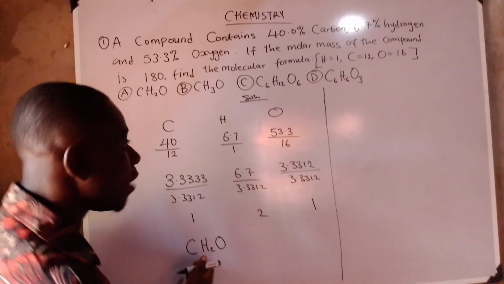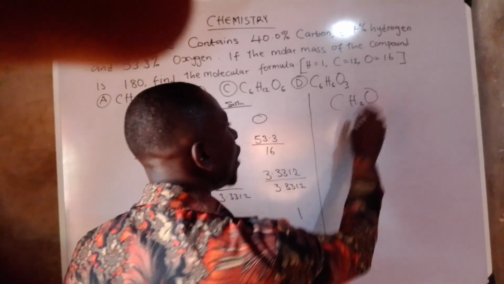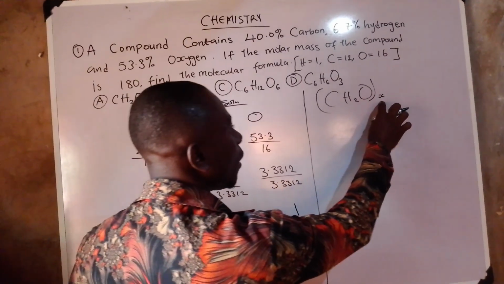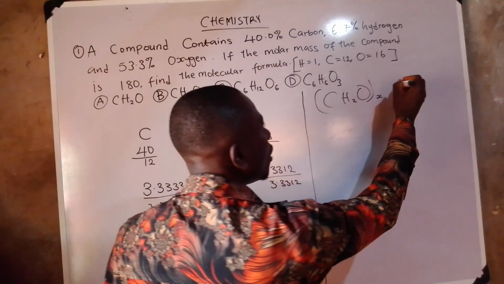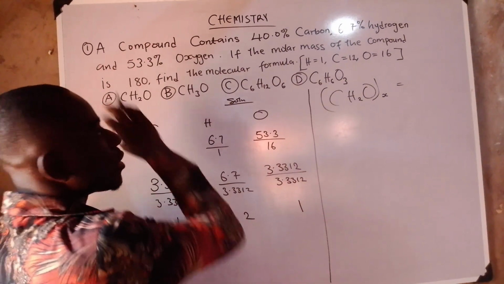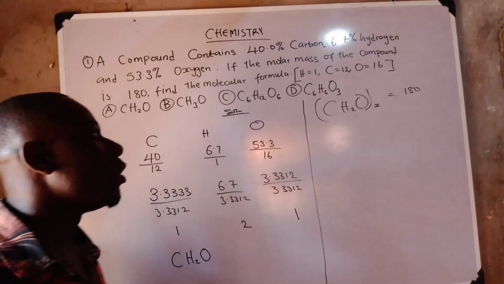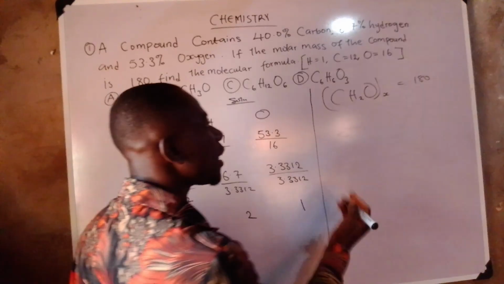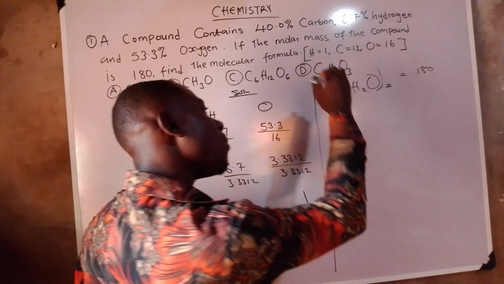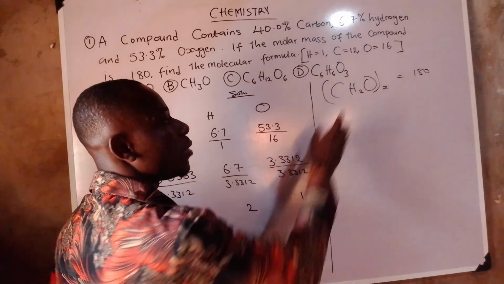Having had this as our empirical formula, we can say CH2O, the empirical formula in brackets, then I can introduce a variable X to be equal to the molecular mass, which is 180. Having done this, what I will do is substitute the relative atomic masses of each of the elements, multiplying them by the number of their atoms in the empirical formula.